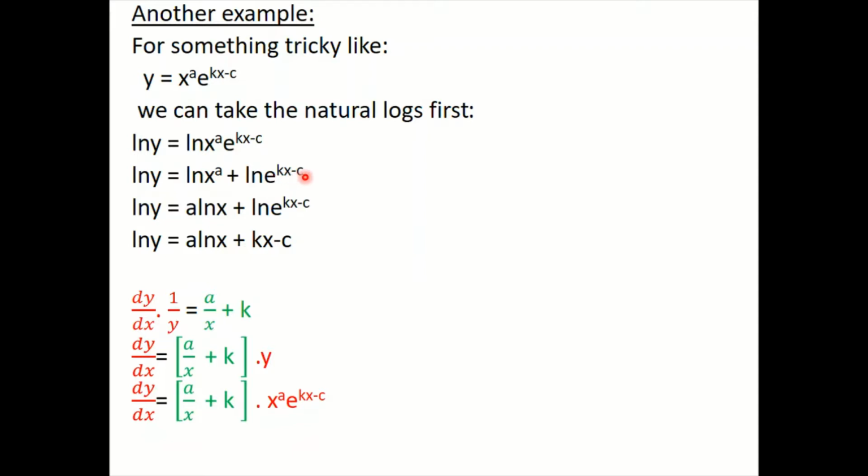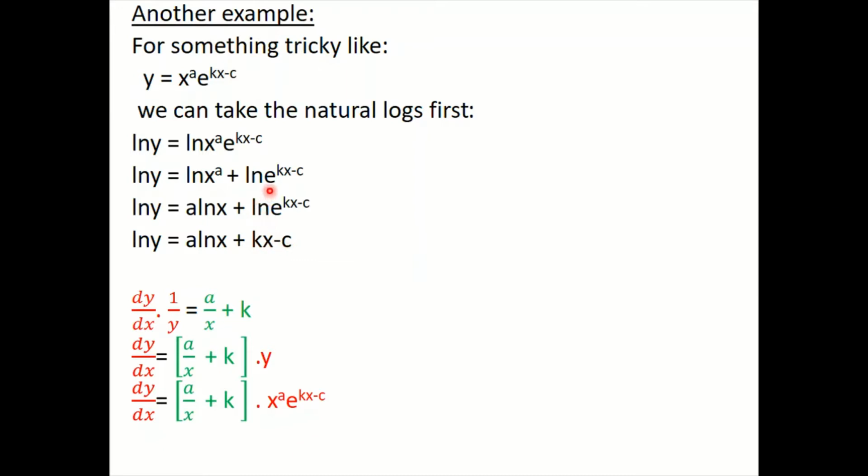And we can further simplify when we have a power like this. We've got x raised to the power of a. We know that we can take this a to the front and rewrite as follows: a times the natural log of x. And working with this second term here, this we can simplify to what we have at the bottom here.